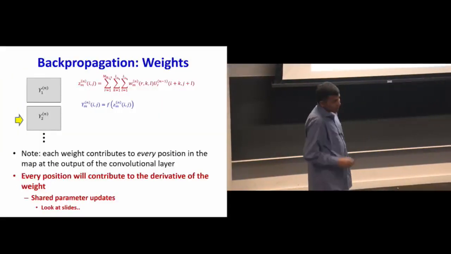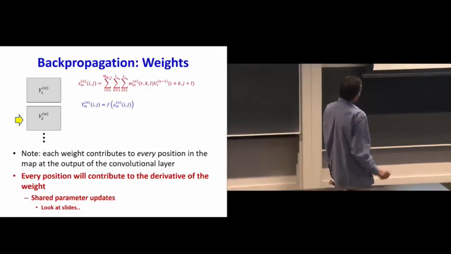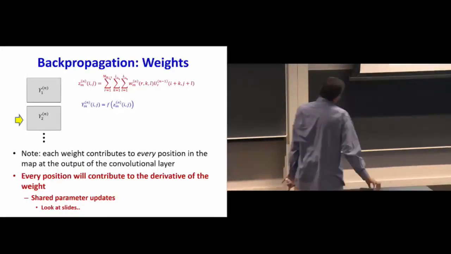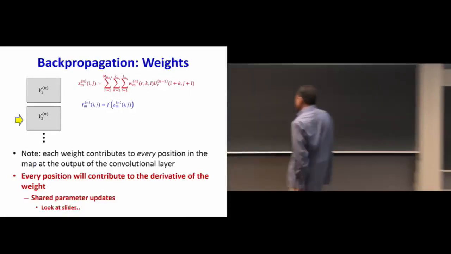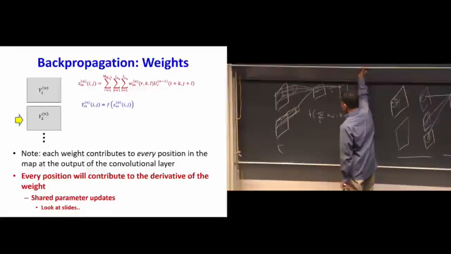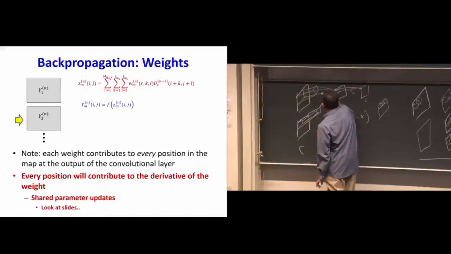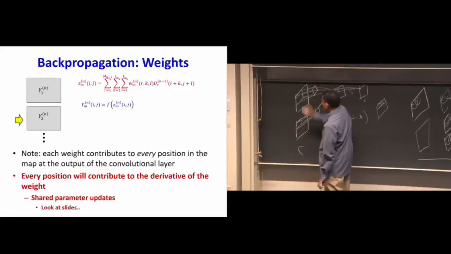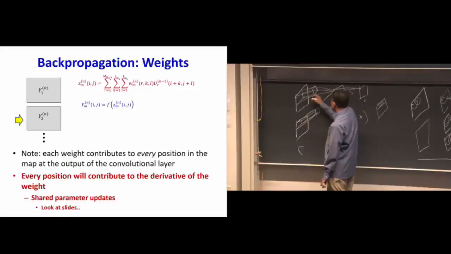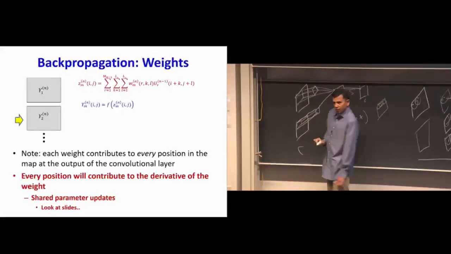Now what about the weights? So it turns out that each weight contributes to every position in the map at the output of the convolution layer. So if you actually look at this guy, this location has contributions from all of these weights, but these weights also contribute to every single position, right?